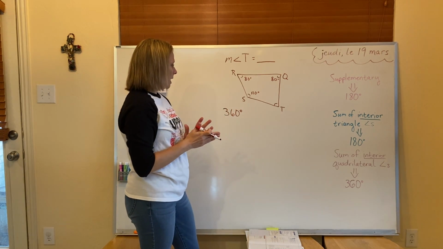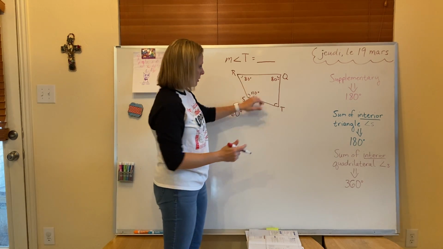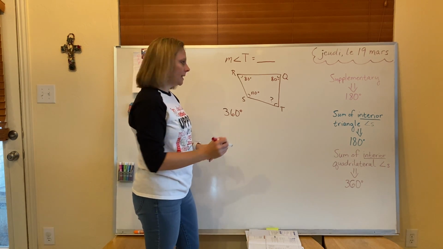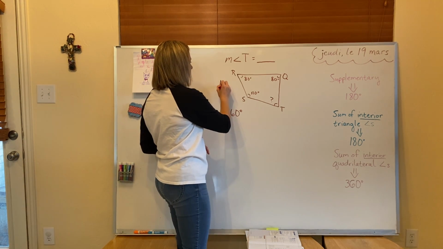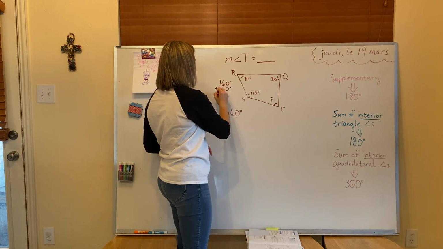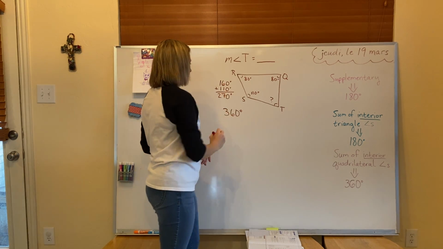So we can take 360 and subtract the sum of the angles that we know to find out the sum of the unknown. So 80 plus 80 is 160, plus 110 is equal to 270.